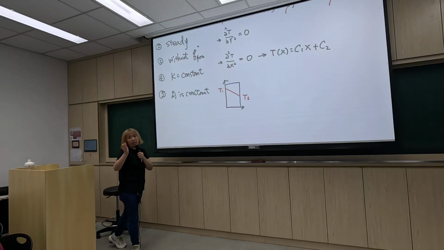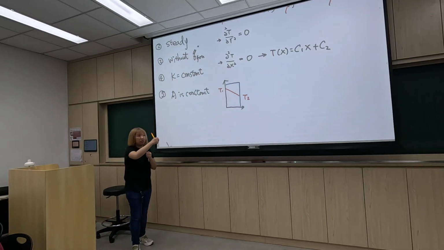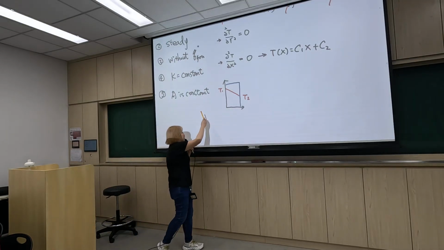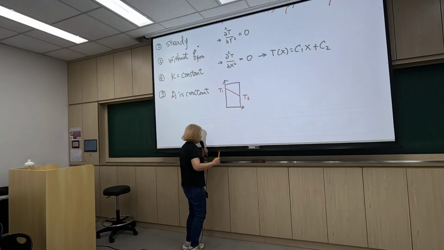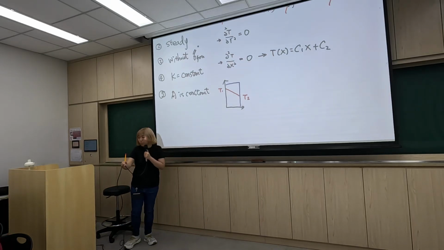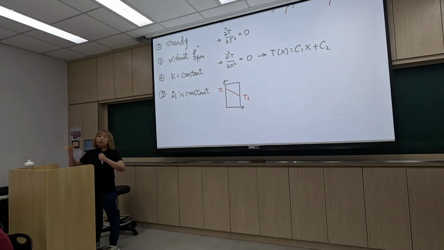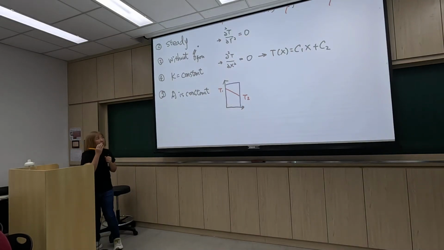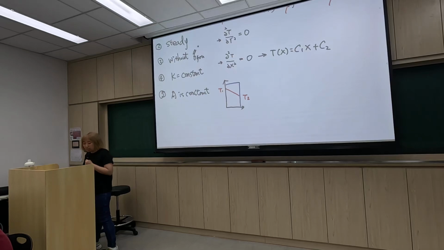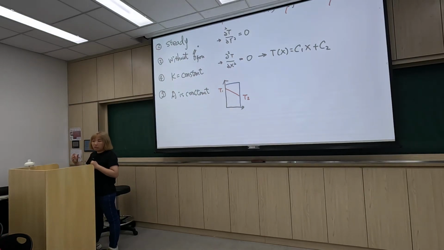Either the slope is positive or negative; just assume now it is in this direction. Whether it goes up or down depends on the problem, but at least you know the distribution must be linear. When it becomes linear, then the boundary condition and initial condition are relatively easy.